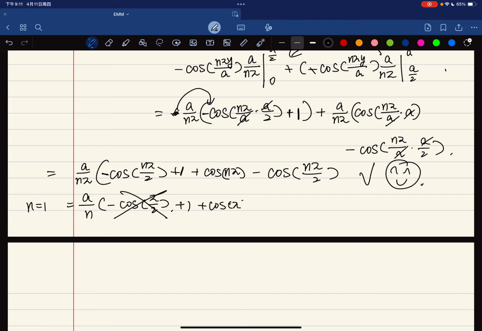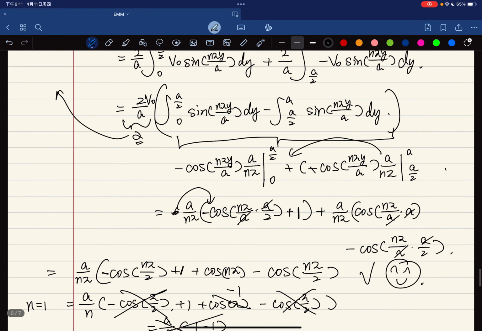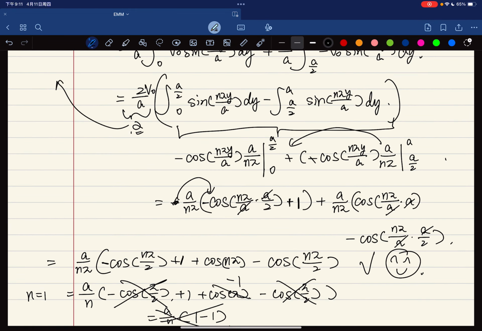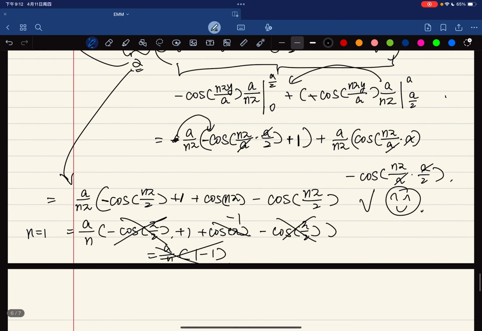Okay, cosine pi, what is cosine pi? Cosine pi is -1, and we also know that this is 0. So we'll find that it is equal to n divided by a, 1 minus 1, so it's 0. And don't forget, we have an alpha, so I just kick out the alpha. So of course we need to plug the alpha in when we discuss our results.